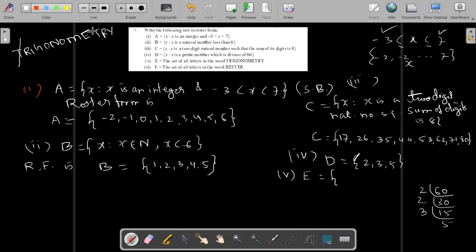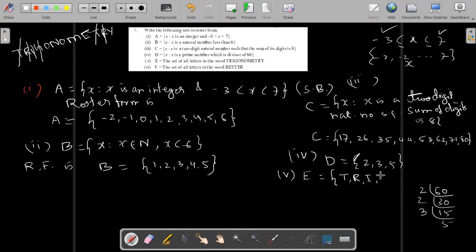For example, this T is coming two times, so in writing the roster form we will take T one time. Then R is also coming two times, so we take T, R. Then I is only one time, so we write I. Then G is only one time.